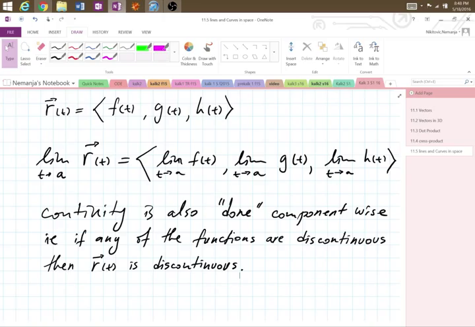Square root functions are continuous, so radical functions are continuous. Inverse trig, well, some of them they're not functions though, but if you restrict the domain, they are continuous. So we have continuity that just permeates through this. Okay, and that's it. I hope you're not disappointed.